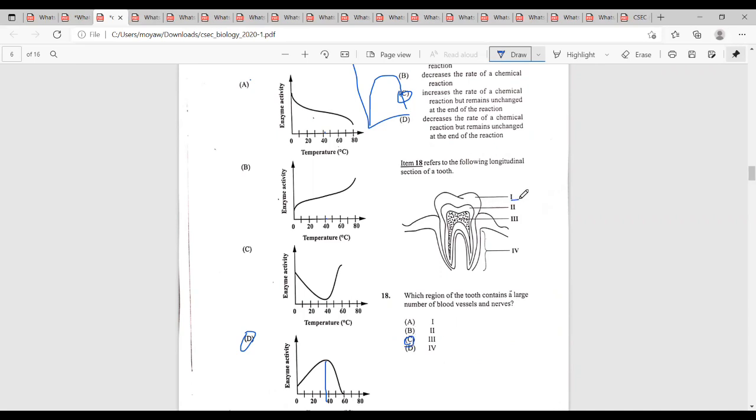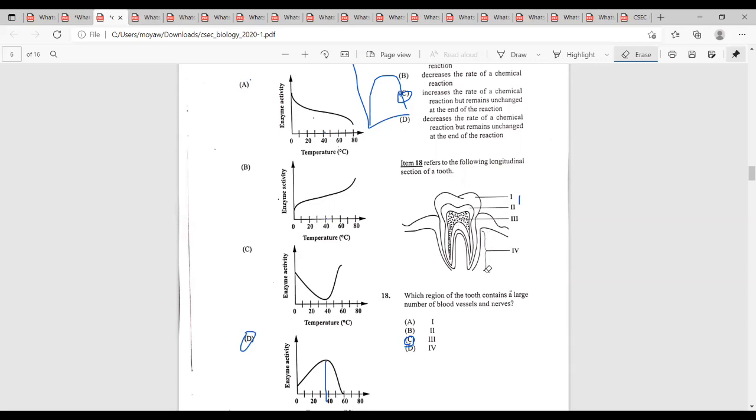So now 1 is the enamel, 2 is the dentine, and then 3 is the pulp cavity, and the pulp cavity normally contains the blood vessels.